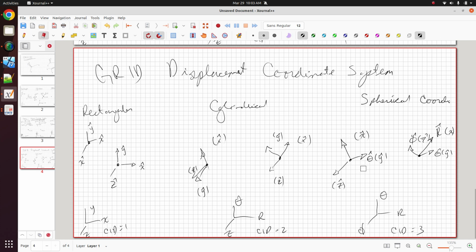Every grid is going to have its own inherited observer, if you think of it. So here, we always like to think that there's an observer at the coordinate system. But what happens when you define a displacement coordinate system, you're actually defining multiple observers.